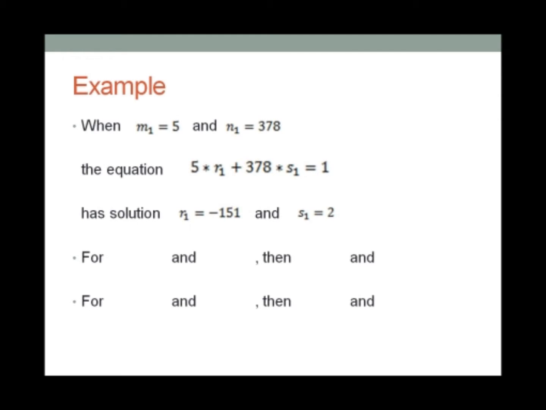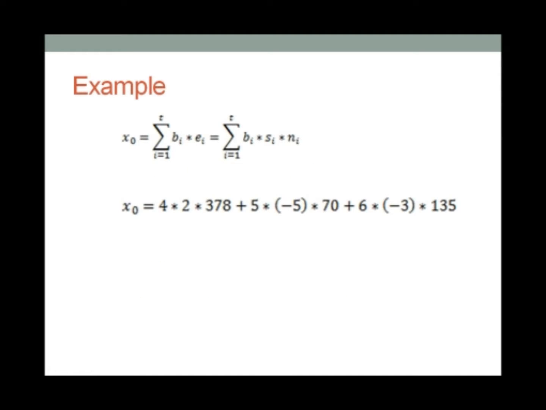Next, apply the Euclidean algorithm similarly for M2 equal to 27, N2 equal to 70, and M3 equal to 14, N3 equal to 135. We can then obtain R2, S2, R3, and S3 pretty quickly. We will try to construct a solution x0. Substitute each Bi, Si, and Ni in. We can then get x0 is equal to minus 1156 this way.